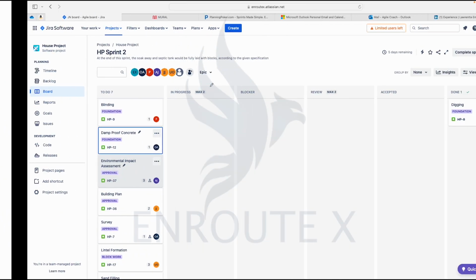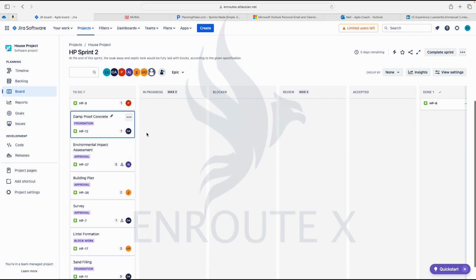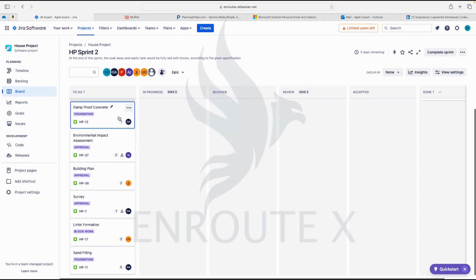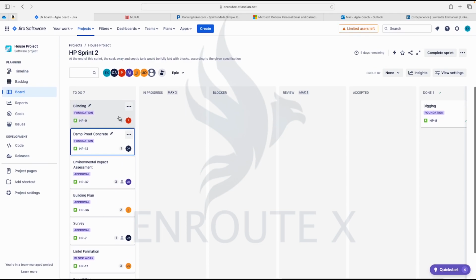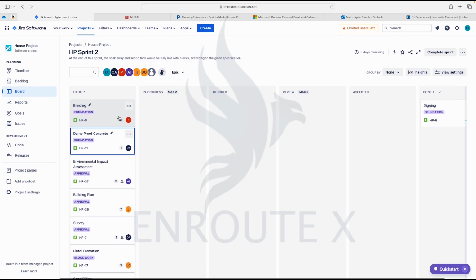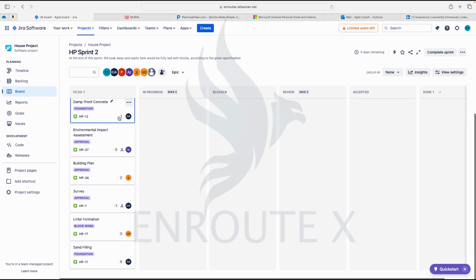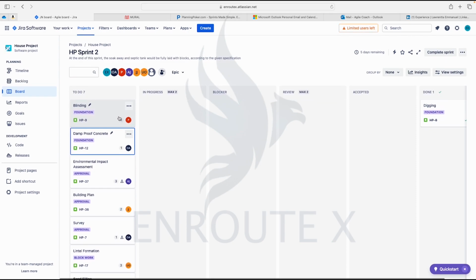So when we look at the board for a moment, this becomes an active sprint. This is what the team has committed to. Let's assume this is the beginning of a sprint. This is what the team has committed to in this particular sprint.